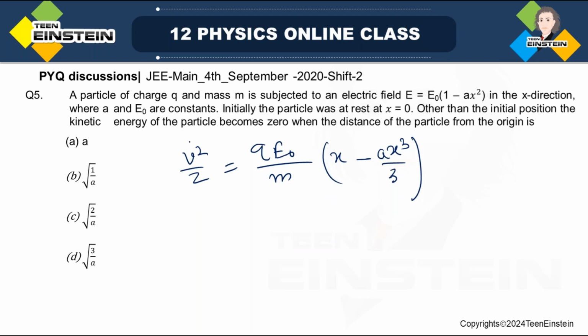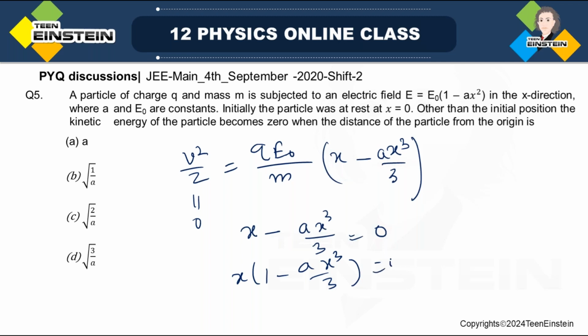See, if my final velocity is 0, let us make velocity 0, then we get x common, 1 minus a x cube by 3 is equal to 0. So x is equal to 0 means it is at origin or from the starting point. The velocity is 0 once, and the second choice is this one, when the velocity will be 0 for the particle, and that position we have to find out.